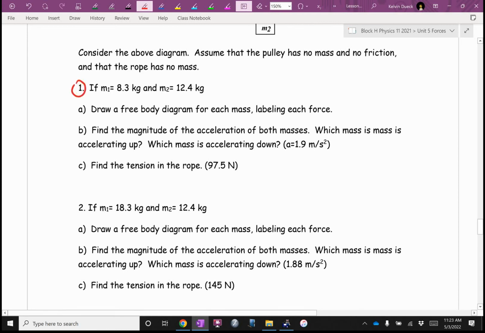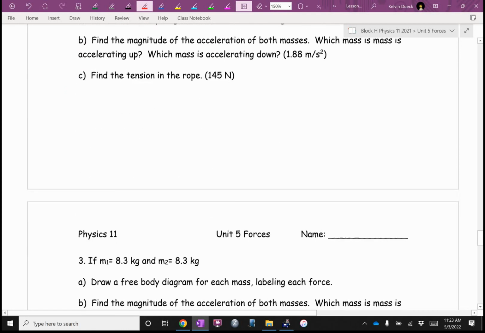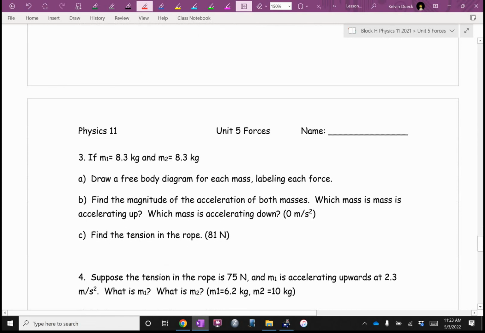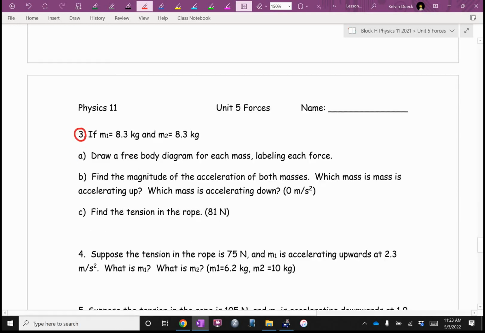If you get number 1 right, you can skip number 2, because number 2 is the same question, I just changed the numbers. Number 3, you should be able to do in your head if you're really paying attention.